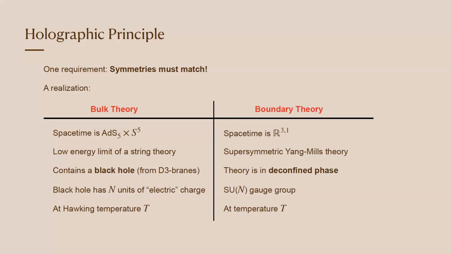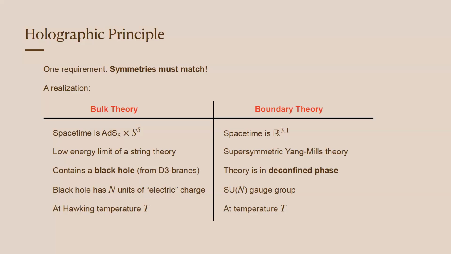And on the boundary, we have a specific type of quantum field theory, which is a supersymmetric Yang-Mills theory. The bulk theory contains a black hole. That means the spacetime is curved. There are closed strings moving around in the bulk. Okay? And this is coming from D3 branes in this particular setup. And the boundary theory is a quantum field theory in a deconfined phase. So there is a confined phase and a deconfined phase.